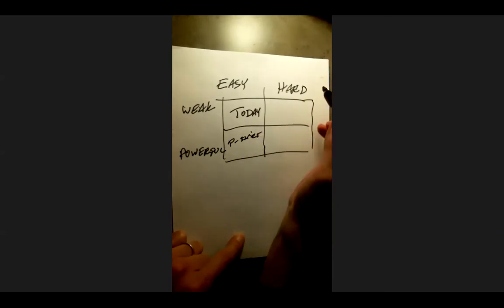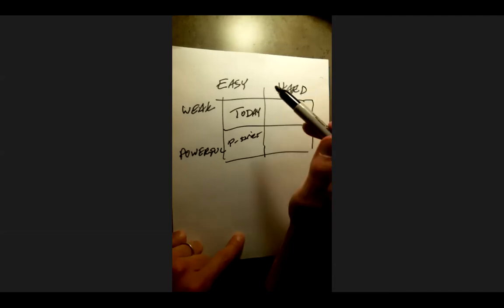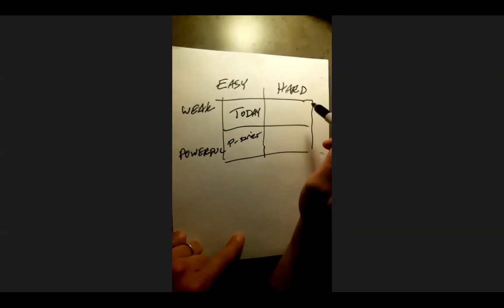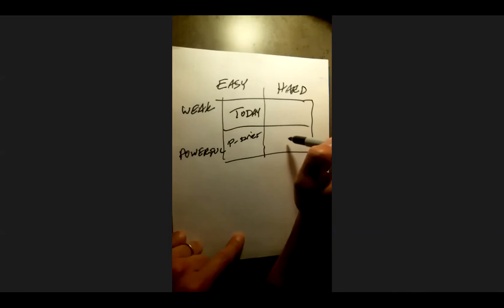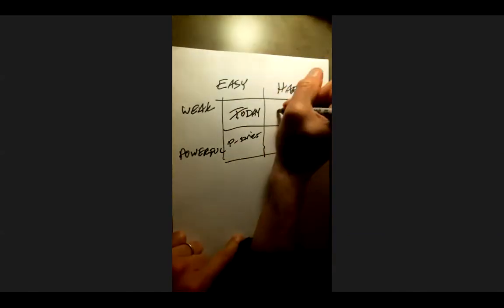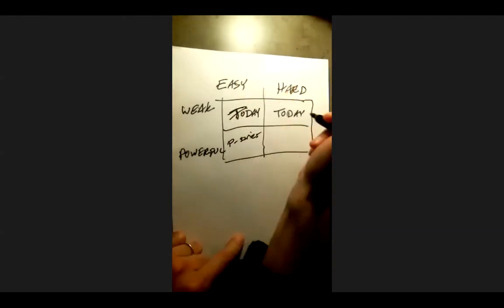But as we're going through all these items and formulating the list, maybe think about this basic chart and ask, is this easy? Is this hard? Is it weak? Is it powerful? You only want to do hard stuff if it's powerful. Today is here and it's here. It's actually in both places.